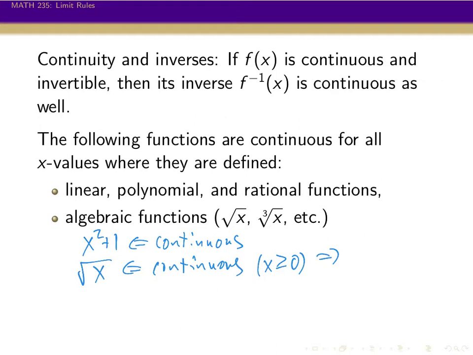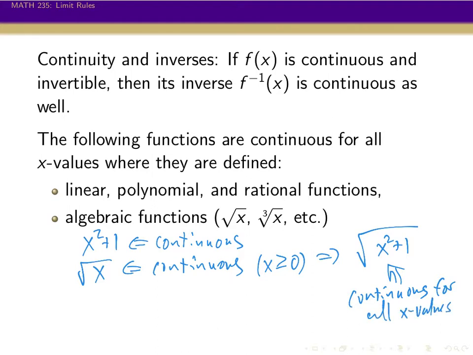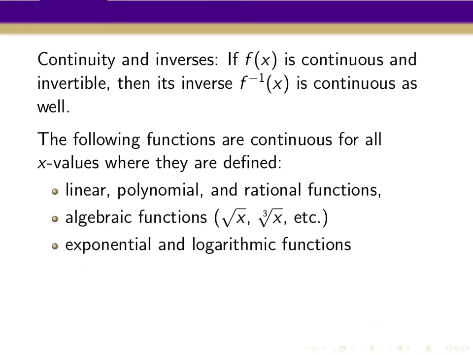Well, that means that I can take x squared plus 1, plug it in to square root of x. For any x value I plug in here, I'm always going to end up with something positive inside the square root. And so this new function that we got from the composition, this is now continuous for all x values. There's more we can do than this.